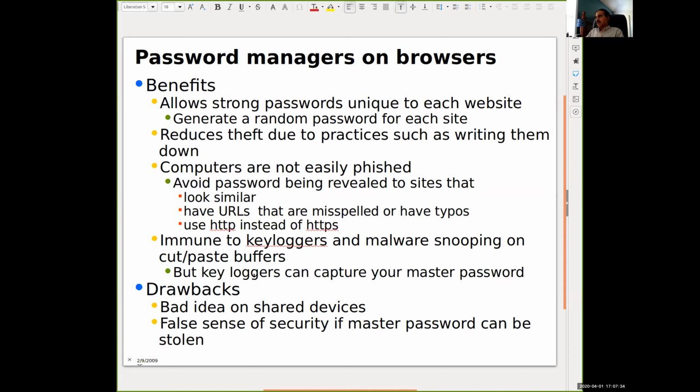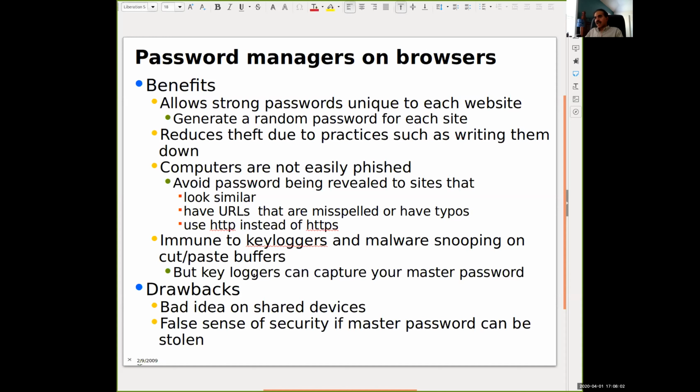The browser is going to do a comparison of the real bank's domain name, and it's not going to match, and it's not going to try to supply your bank's password to some other site that has a slightly different spelling of its domain name, right? So it's not going to be phished, and it's relatively immune to keyloggers.